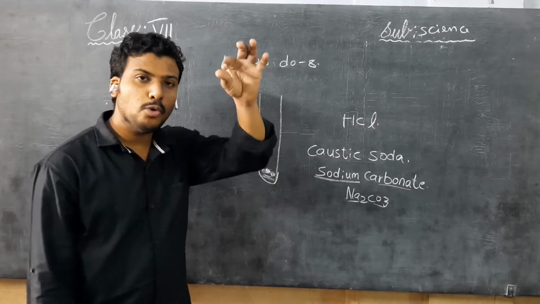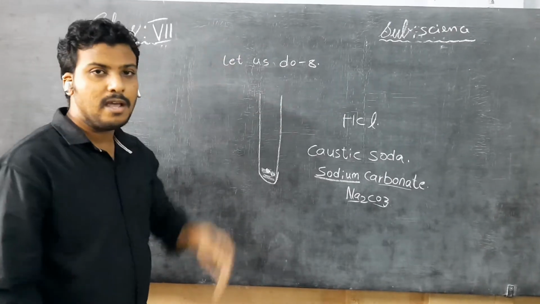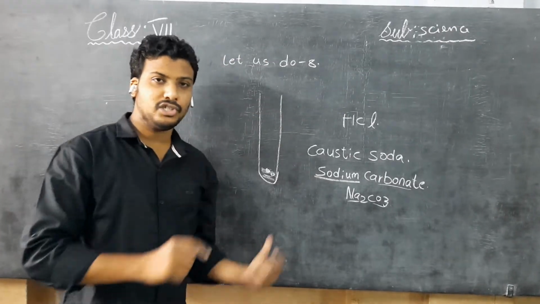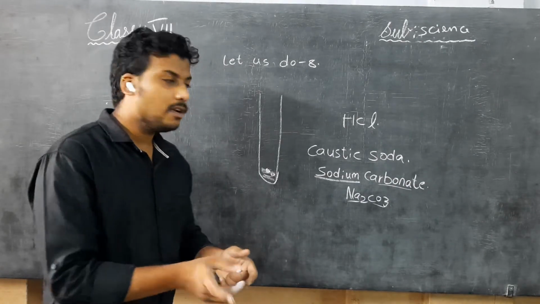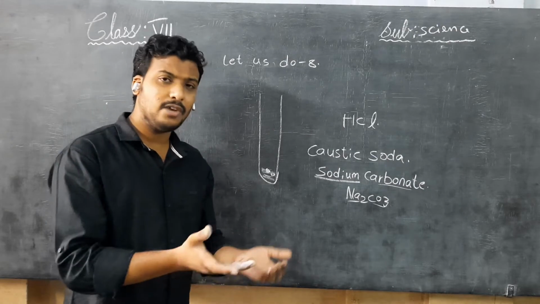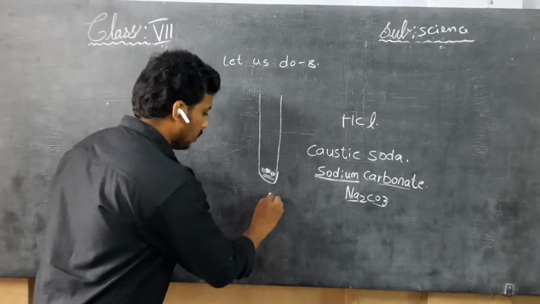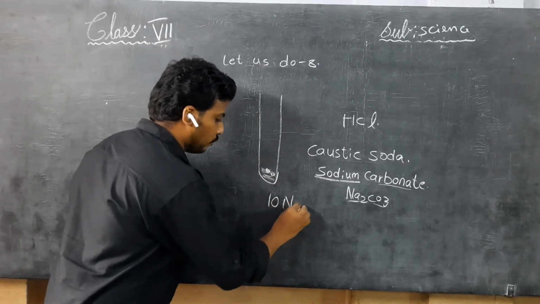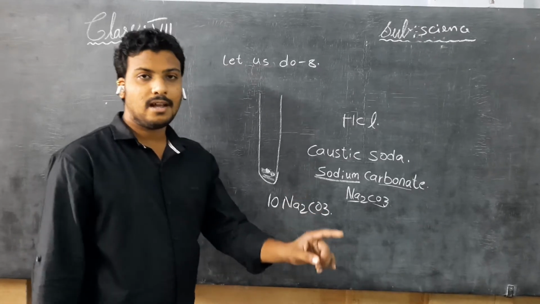First, add 1 drop of sodium carbonate into this test tube and shake the test tube well. Check whether the color is changing or not. Like that, add 1 drop, shake well and test. After adding 10 drops of Na2CO3, you can observe the color changes.